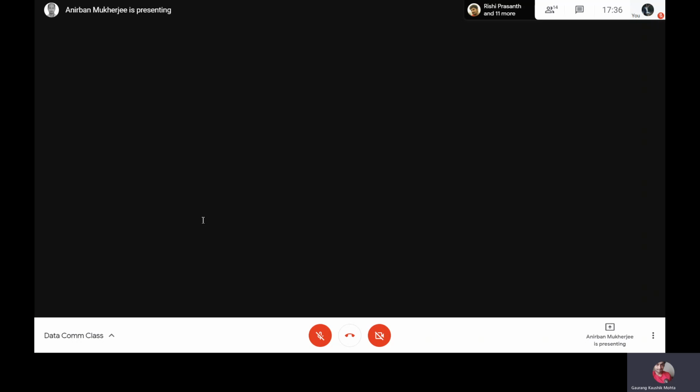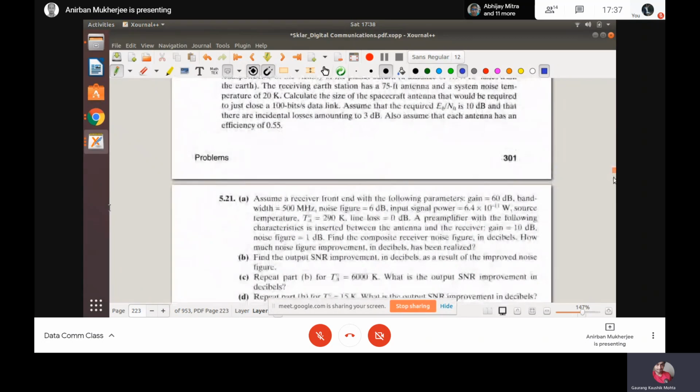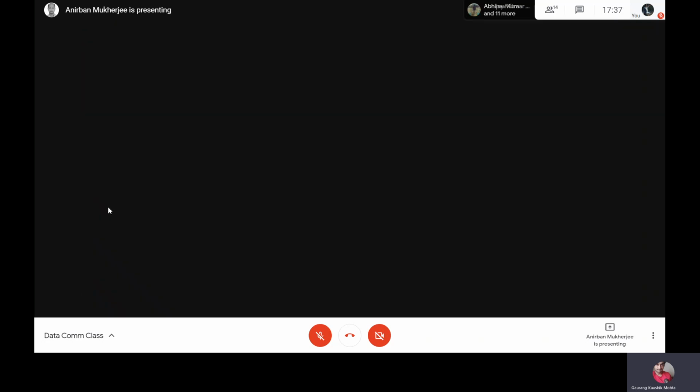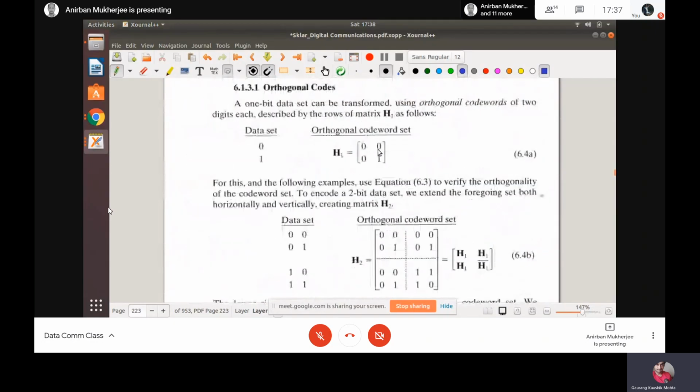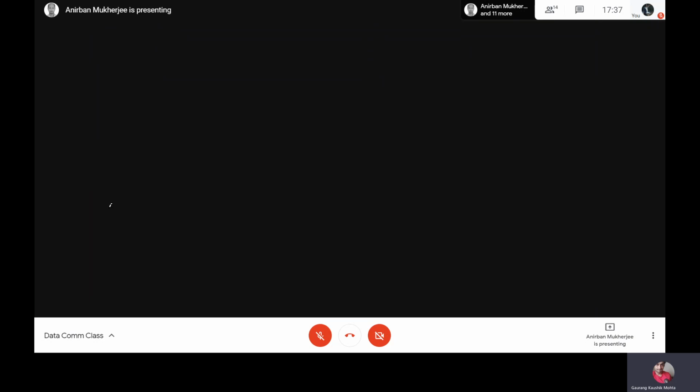Now in this waveform coding, here we will talk about a new chapter. This is channel coding.